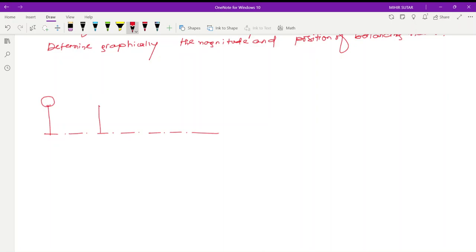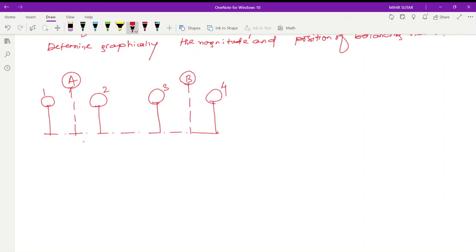One, then we have 2, 3 and 4. Okay. 1, 2, 3 and 4. The balancing masses, first is, let's say it is here, balancing mass A between 1 and 2, and the second balancing mass is between plane 3 and 4.